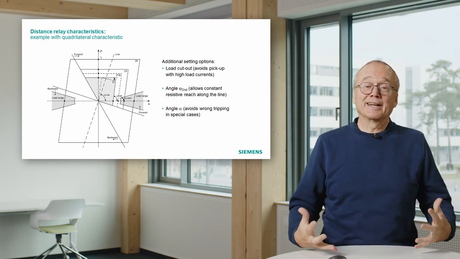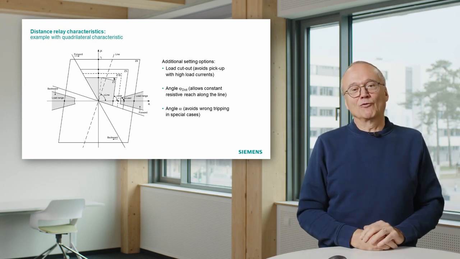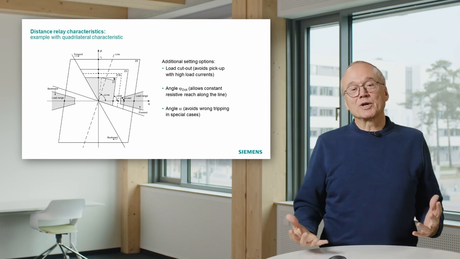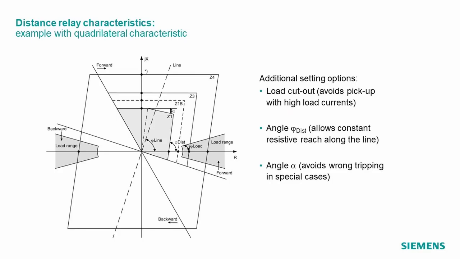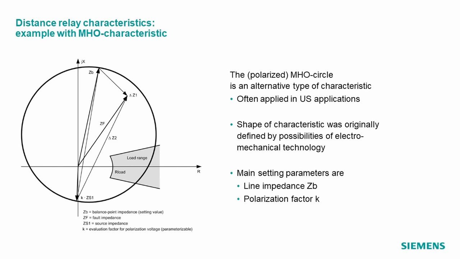Of course, again, you have a couple of more parameters which are used to define this load cutout, and which are of course not used in all applications. And the same is also possible for the Mho circle. Also there we offer the possibility to make such a load cutout.